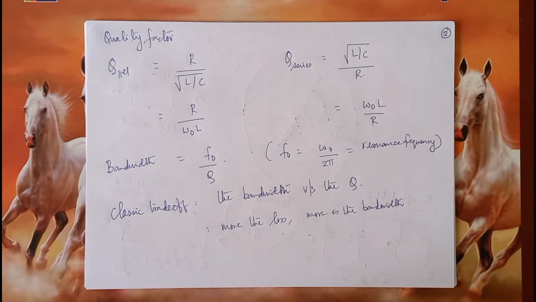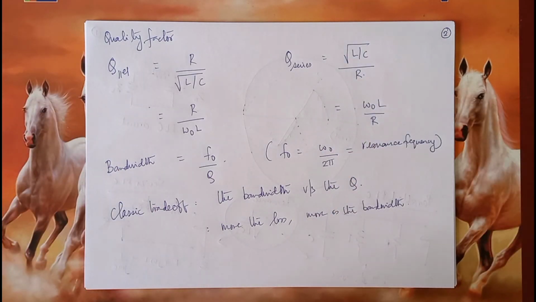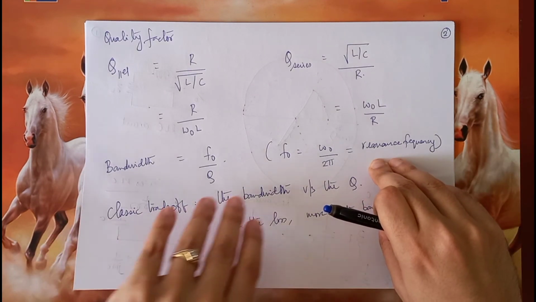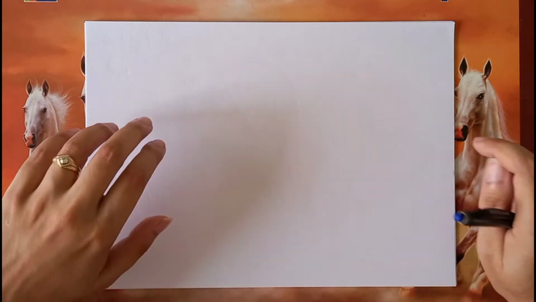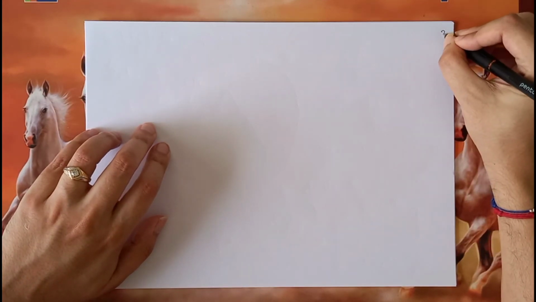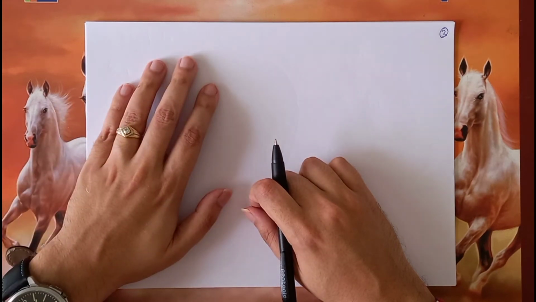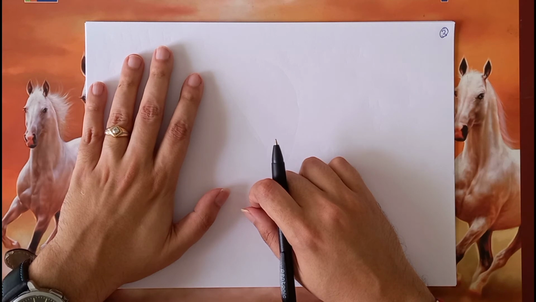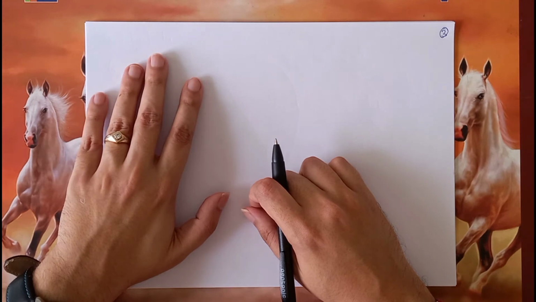So what we have seen so far is the concept of series and parallel RLC networks, which all of you are familiar with since your basic electrical engineering courses. Now, whether it's a series network or a parallel RLC network, they both exhibit the phenomenon of resonance. Resonance happens in both.